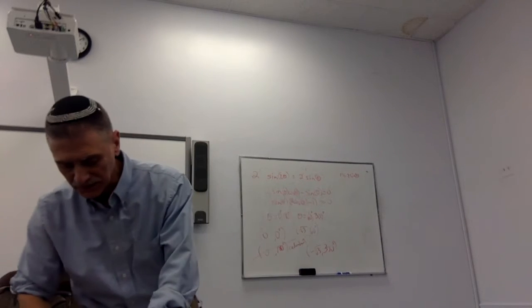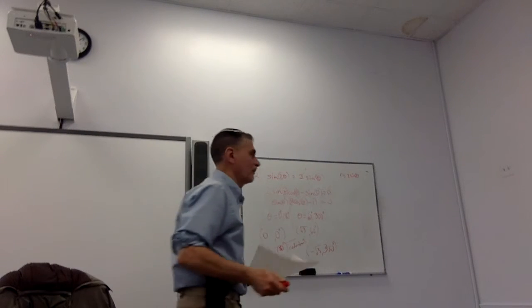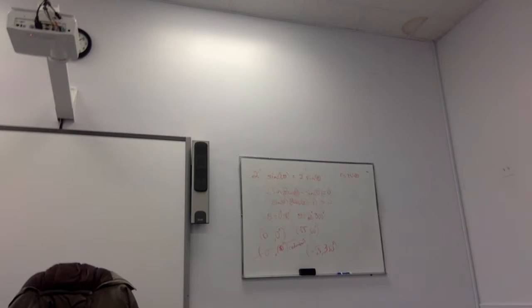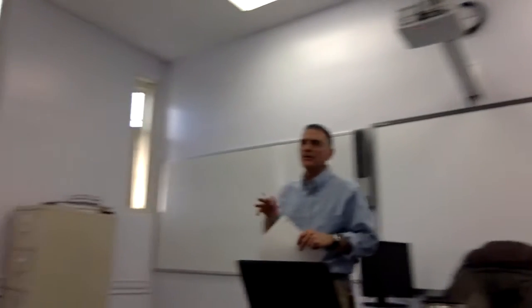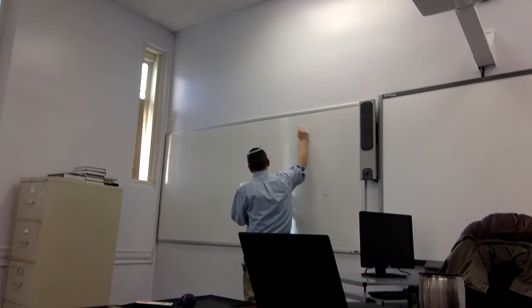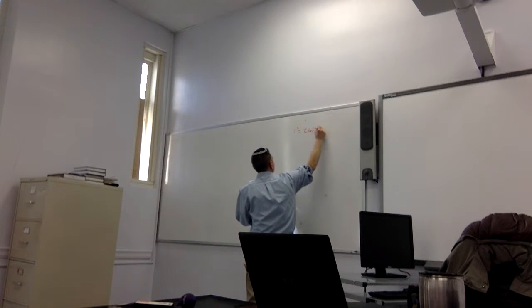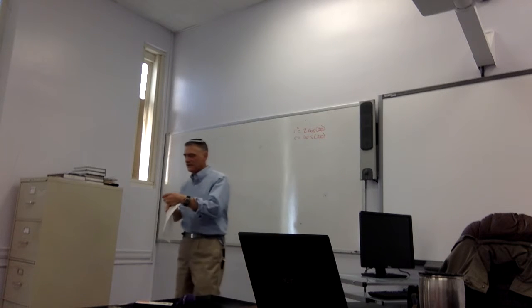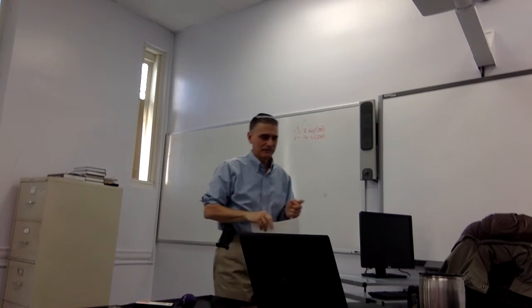So let's try another one. Do this one on your own, please. This time do the algebra trig solution first and the graph second. R squared equals 2 cosine 2 theta, and R equals cosine of 2 theta. Different approach.